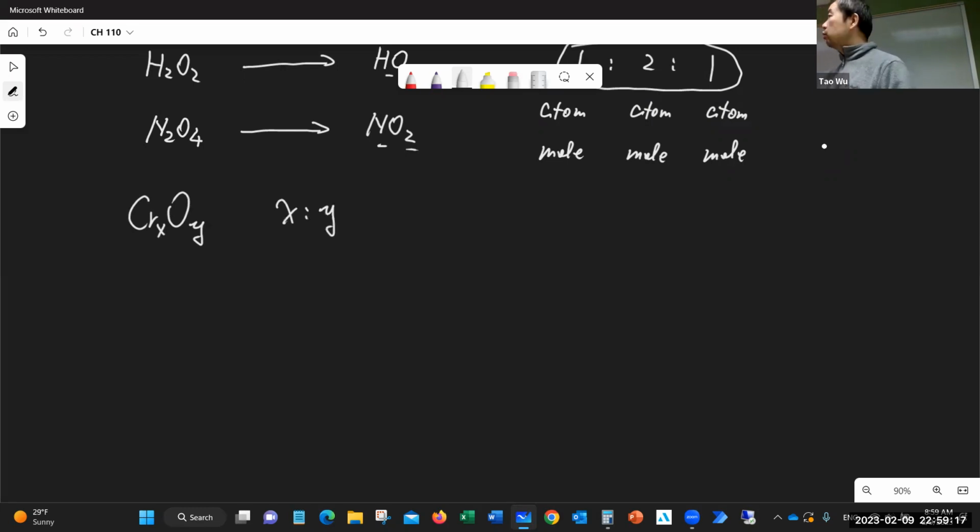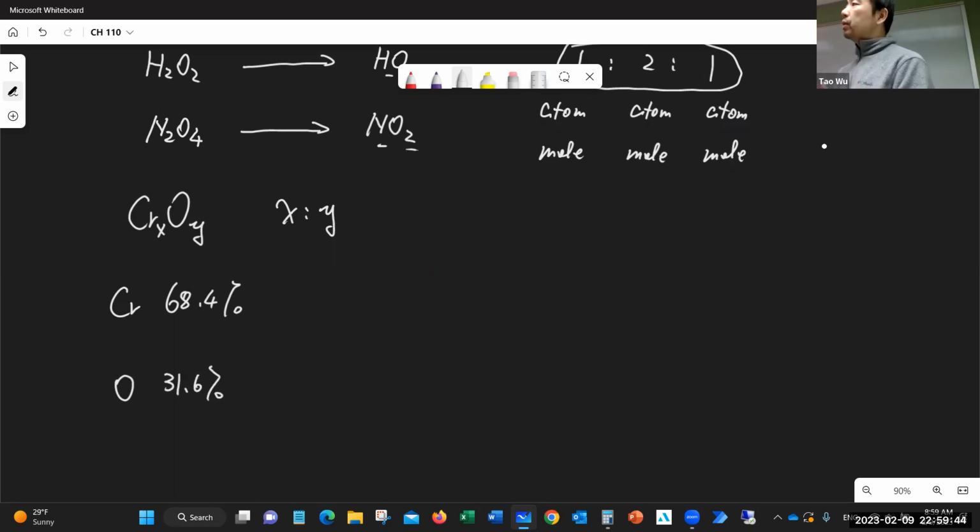We try to figure out the ratio between X and Y. We know chromium is 68.4 percent by mass in this compound, and oxygen is going to be the rest, which is 31.6%.